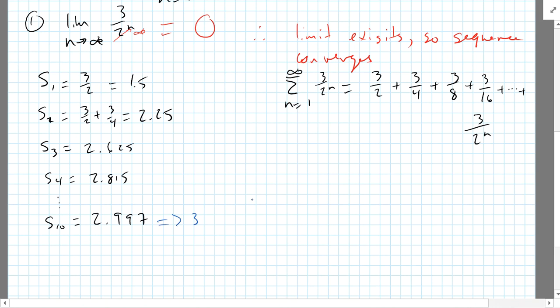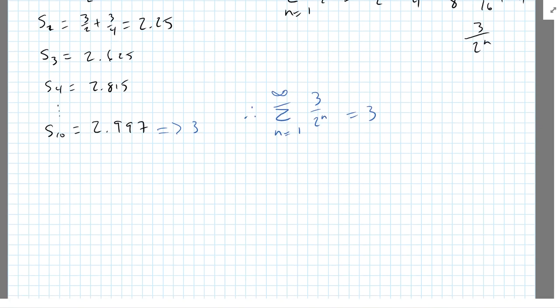So therefore, the summation of n equals 1 to infinity of 3 over 2 to the n power is equal to 3, and that series converges. So what do we justify it with?